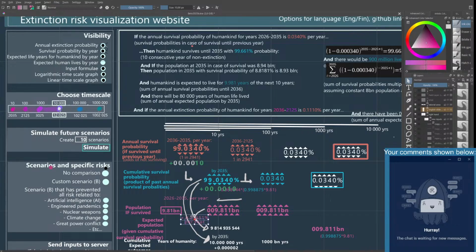Something like that. It's like a growth rate per year.